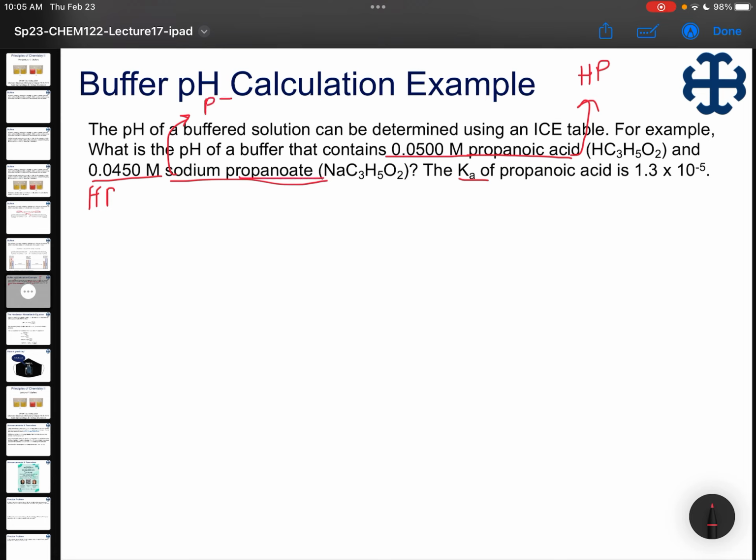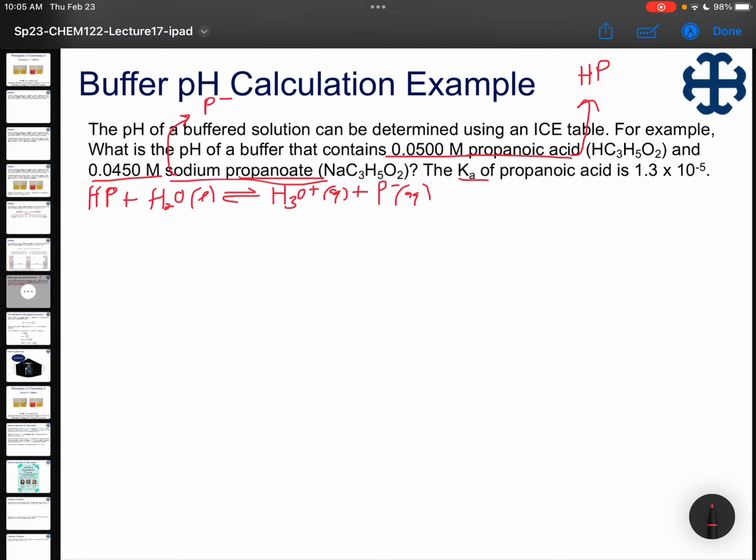The sodium is just going to be a spectator, so I'm not actually going to include it in our reaction. I'm just going to say, let's start with propionic acid, say that it reacts with water, which is of course a pure liquid, and that would be in equilibrium with H3O+ aqueous and P- aqueous, right? And again, the P- is just our propanoate, HP is our propionic acid.